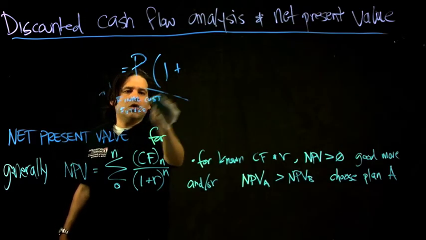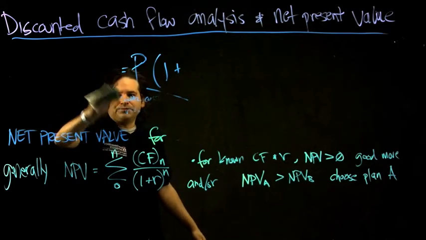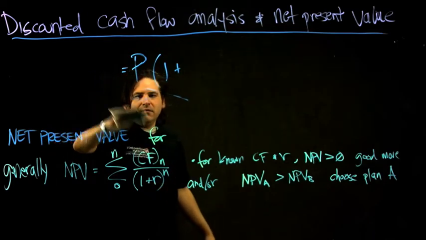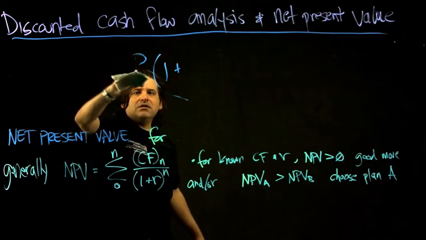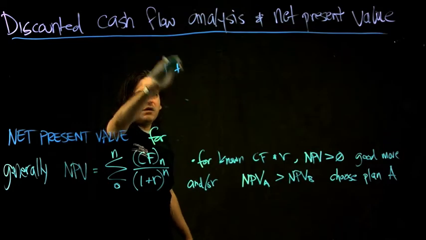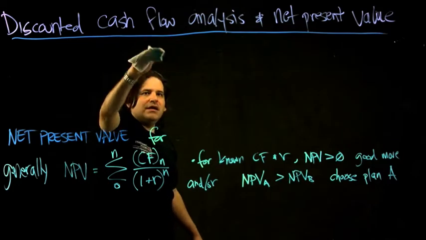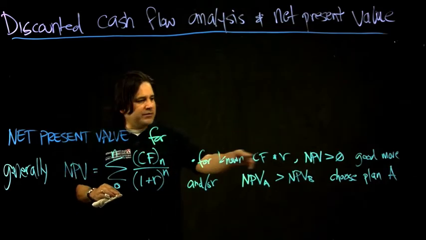So that would be a low risk investment. The upside to doing that is no risk. The downside is that you don't gain much interest, and as we're going to see here, the net present value might not even be greater than 0.